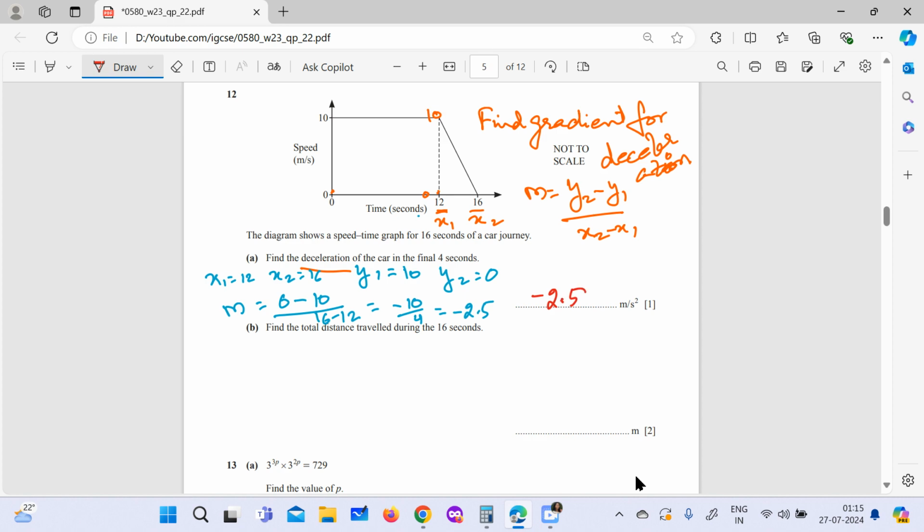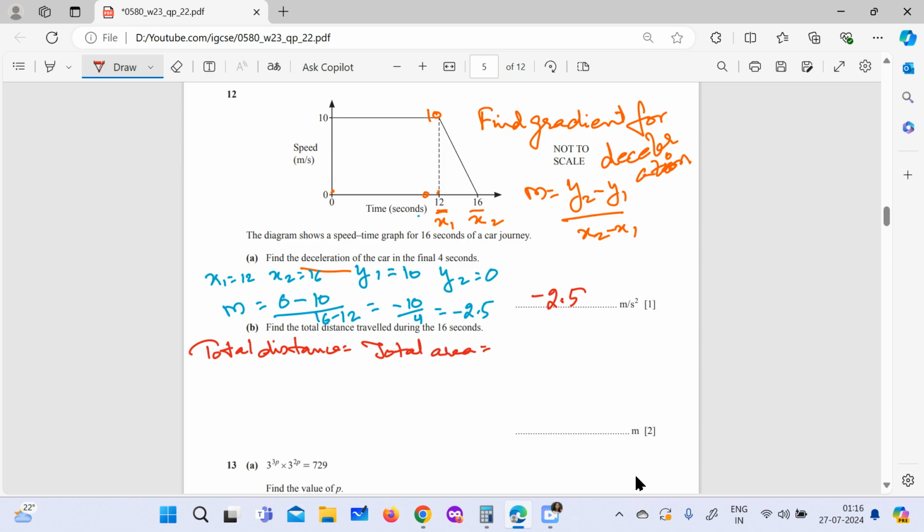Now let's move to the next one. Find the total distance traveled during the 16 seconds. Whenever you have a speed time graph, the total distance is found by calculating the area. So you can write total distance is nothing but the total area.